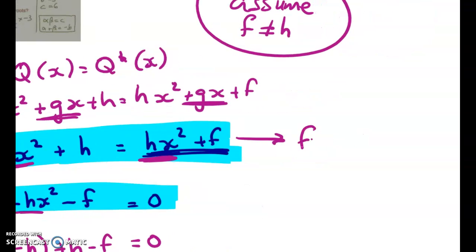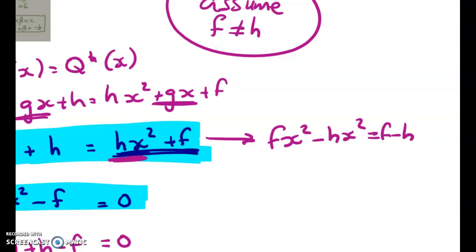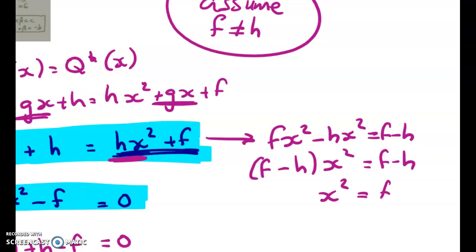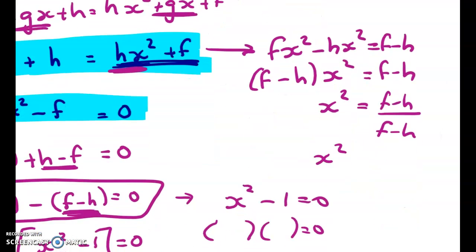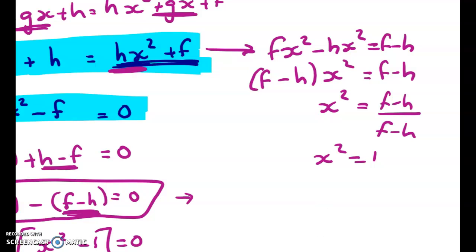So here we'd have fx squared minus hx squared is equal to f minus h. And hopefully here you'd notice that you've got a common factor of f minus h. And we'd get to x squared equals this, giving me x squared is equal to 1. And that's got 2 solutions. So x is equal to plus or minus 1.